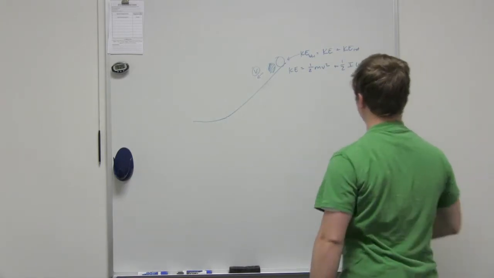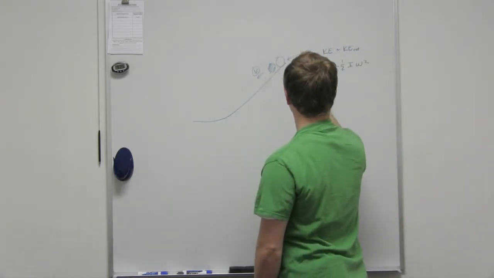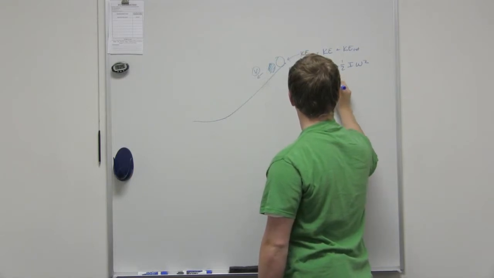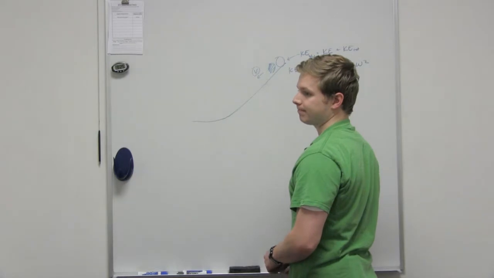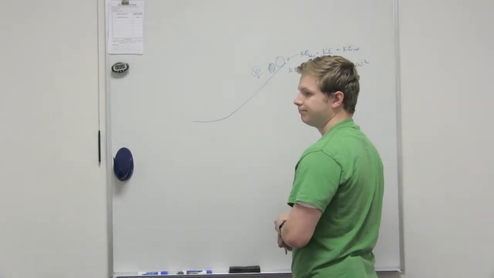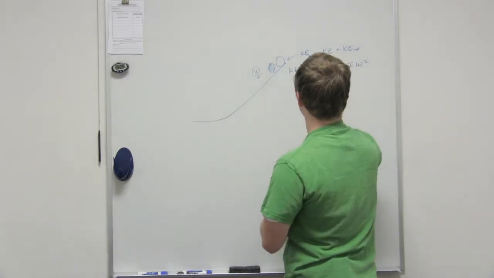So for our I, let's do the thin hoop first. Do a disc and a hoop have different formulas? Not for this, this is for both.